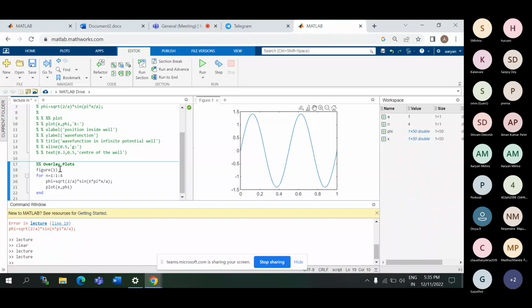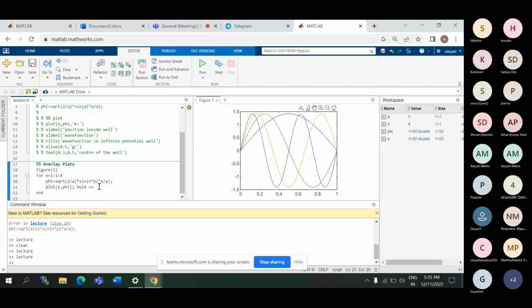Then while I am going through this loop, I want MATLAB to say hold on. Hold on means whatever you have given, keep and hold it and save it in this figure 1.